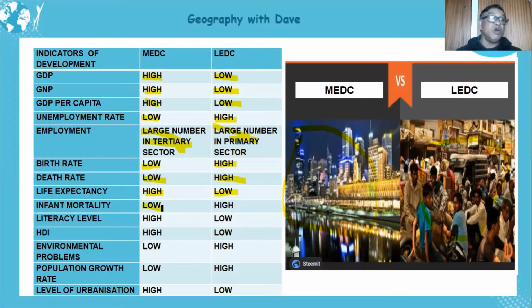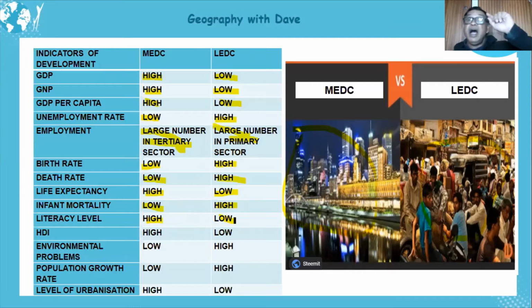Infant mortality is also self-explanatory, learners. It's low in the MEDC. Babies die less because the majority have proper conditions there. They have salaries so they can look after them, and if there are any illnesses, they can sort it out. So there's a lower rate of infant death than in the LEDC. Literacy rate is also obvious.